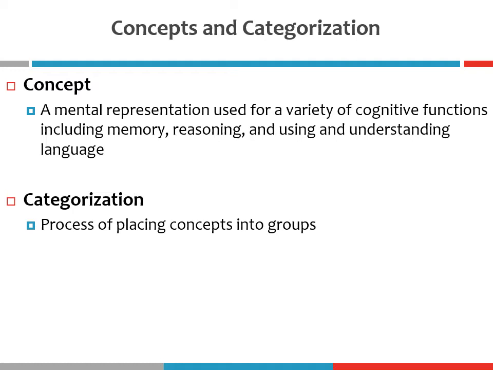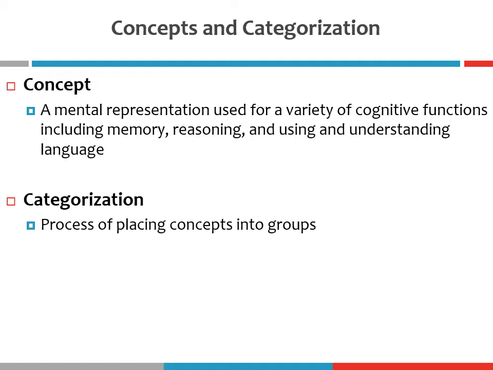By far the most commonly studied function of concepts is categorization, which is simply the process of putting concepts into groups called categories. For example, when you see a cat, you could categorize it as a Siamese cat, a calico cat, a Persian cat, or what have you.